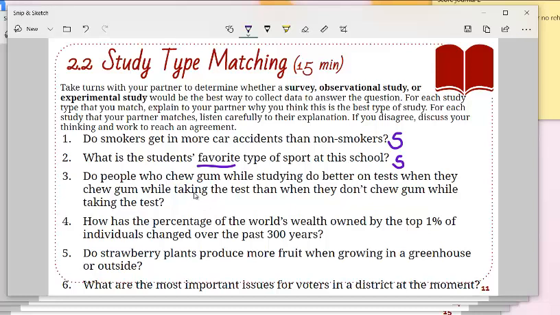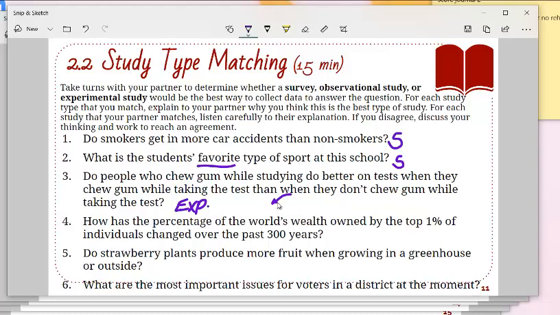Do people who chew gum while studying do better on tests when they chew gum while taking the test than when they don't chew gum while taking the test? Well, this is something that I could very much set up an experiment for. I could find a bunch of people who chew gum regularly, and then divide them into 2 groups.